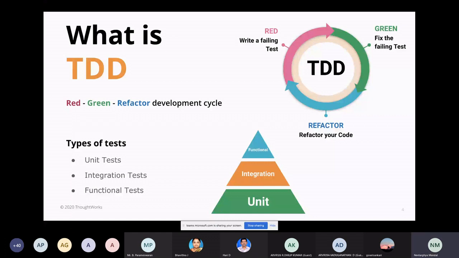Also, there are three different levels of testing. You have unit test, integration test, and functional test. Now, the three form what is called the test pyramid, which simply stated means that you write more unit tests, which essentially build up the foundation of your testing framework, followed by a medium amount of integration tests.